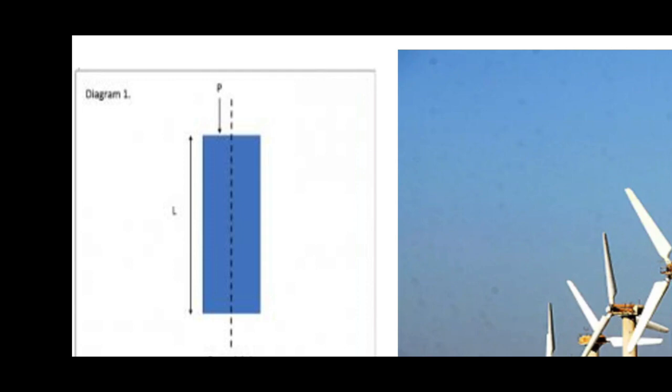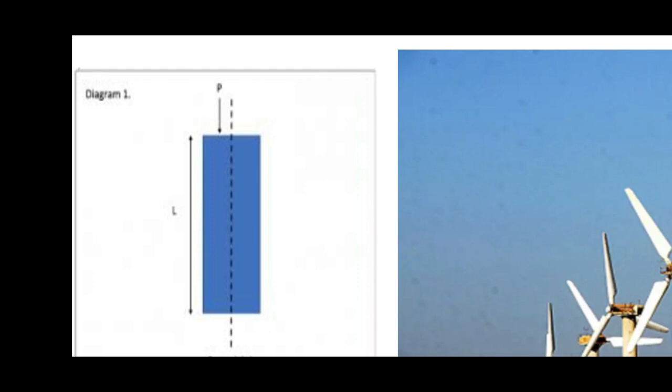It means here, whatever force acts, that force never coincides, never acts on the axis. It is a force which acts away from the axis, away from the centroid, meaning in between there is some distance, some gap.